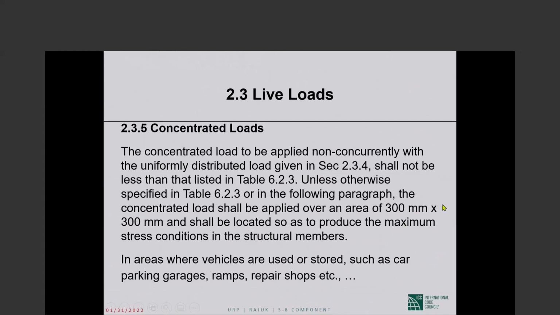Here, maybe I should point this out, unless otherwise specified, the concentrated load shall be applied over an area of 300 millimeters by 300 millimeters. Okay, that is important, and shall be located so as to produce the maximum stress conditions in the structural members.